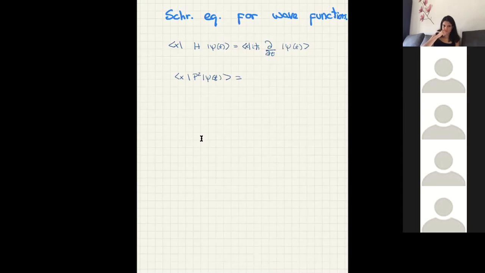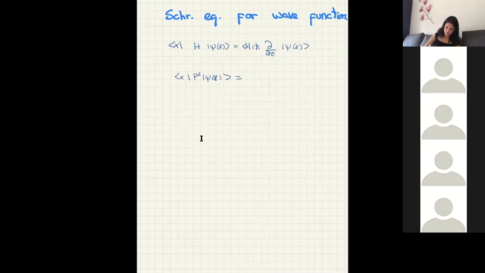Well, we know that p transforms the wave function as going from itself to the derivative over x with i h bar, right? And now we just do this twice.